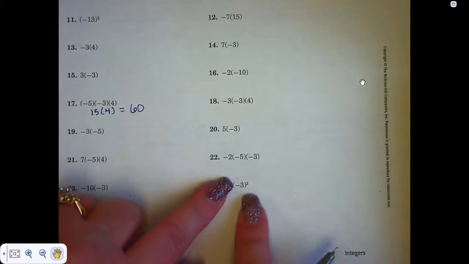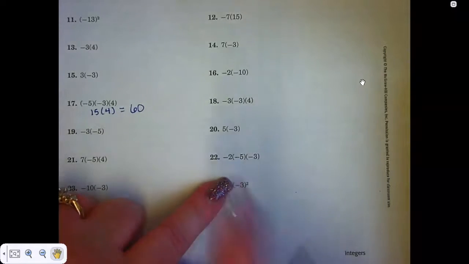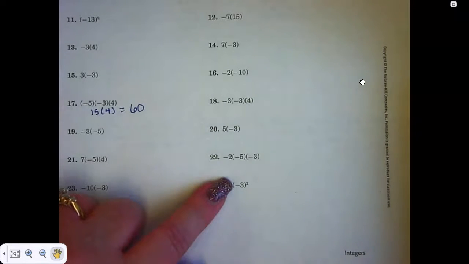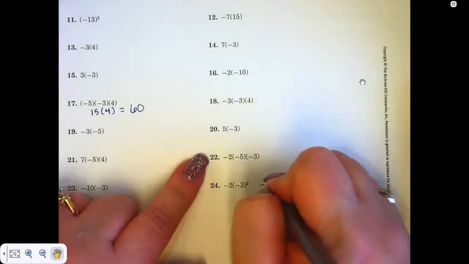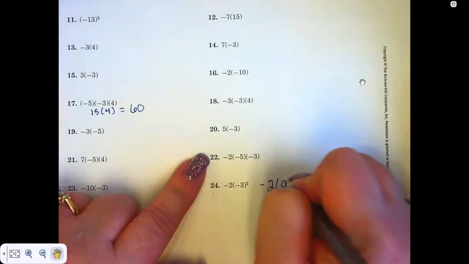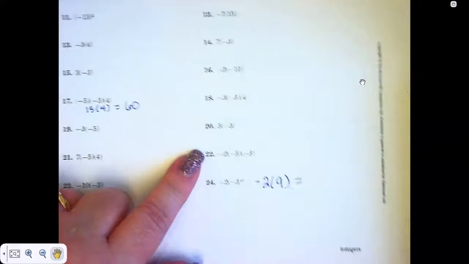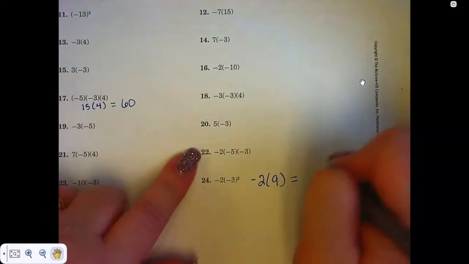Let's cover up that 2. Are we squaring 3 or are we squaring negative 3? Negative 3. So negative 3 times negative 3 is it negative 9? Negative 3 times negative 3 is positive 9. So then it's negative 2 times positive 9. And what do we get? Negative 18.